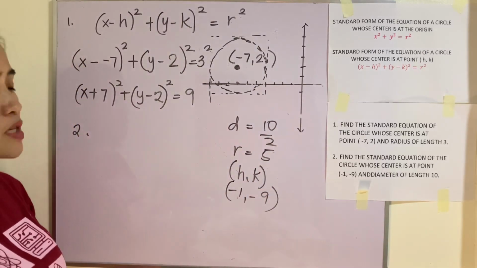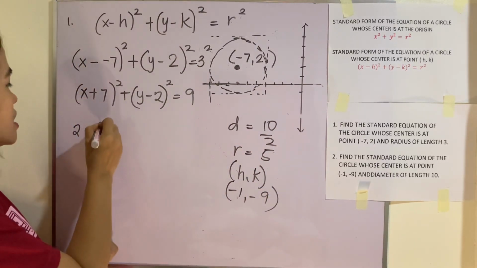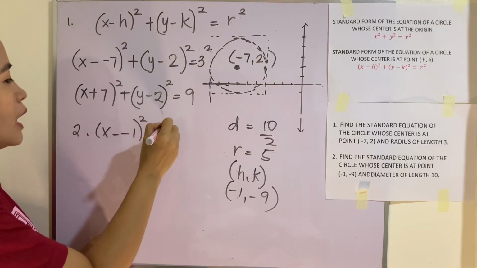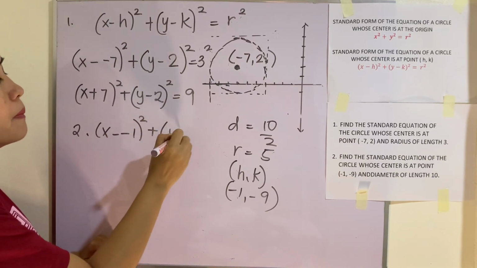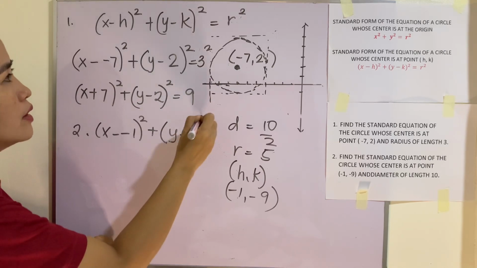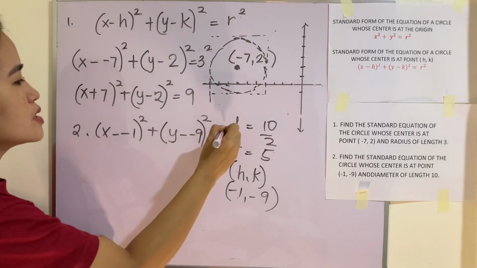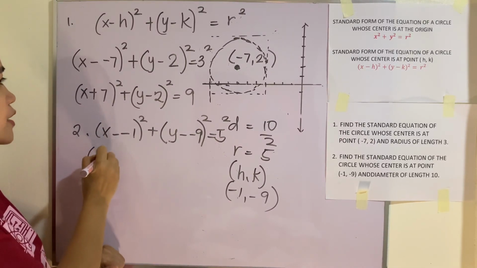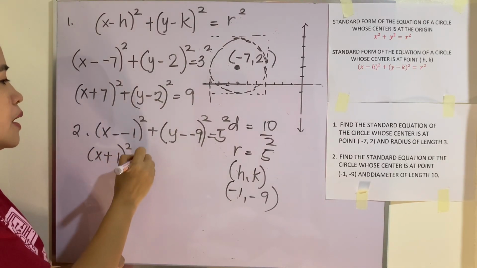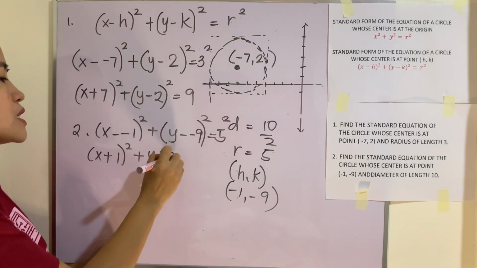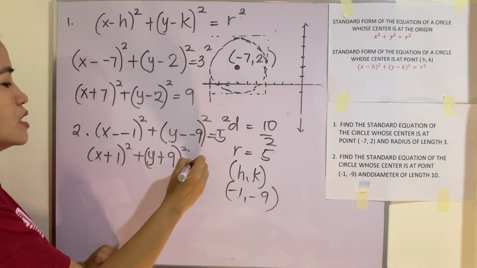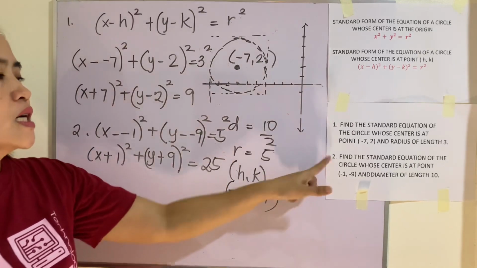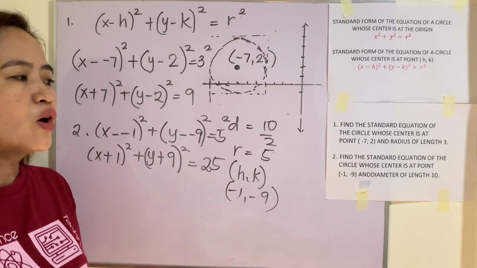Okay, substituting now the formula, this is (x minus negative 1) squared plus (y minus negative 9) squared is equal to 5 squared. So this is equal now to (x plus 1) squared plus (y plus 9) squared is equal to 25. So this one is the standard equation of the circle.